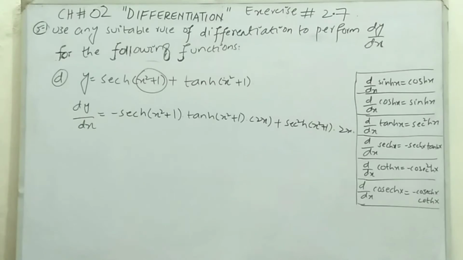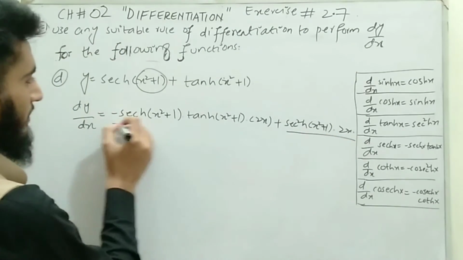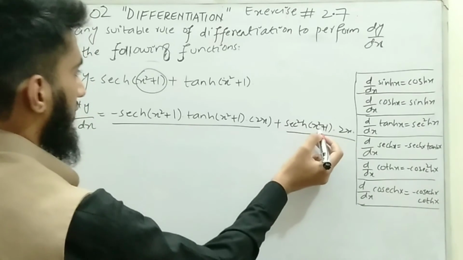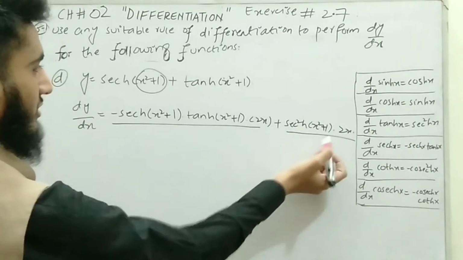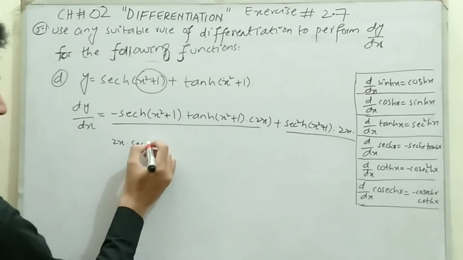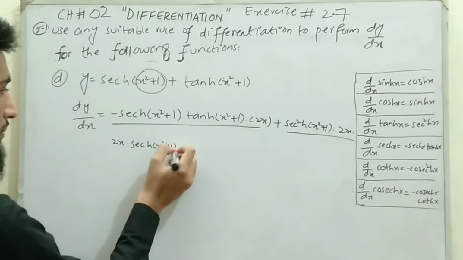Now after this, in this function, we are supposed to take out 2x and sech of x^2 + 1 common. So it becomes 2x sech of x^2 + 1.